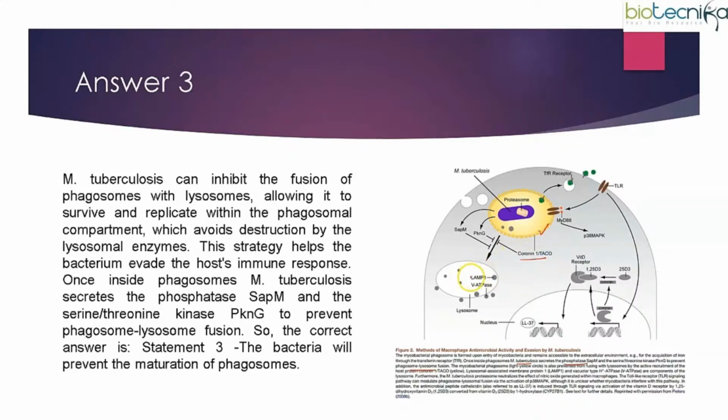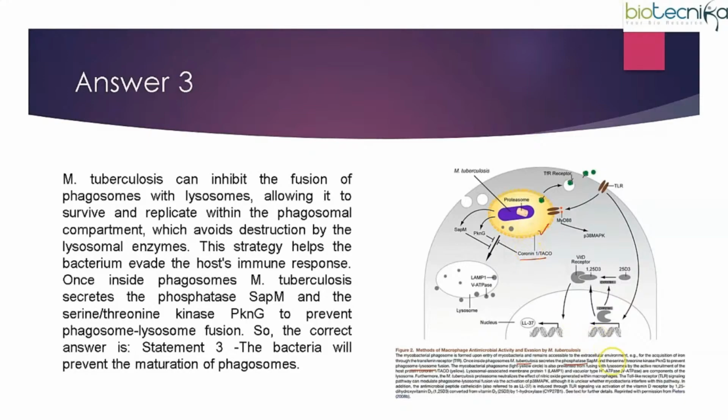Lysosomal associated membrane protein 1, that is LAMP1, and vacuolar type H plus ATPases are present in the lysosomes, so they are components of the lysosome. This Mycobacterium tuberculosis proteasome neutralizes the effect of nitric oxide that is generated within the macrophages. Nitric oxide tries to kill the pathogen.